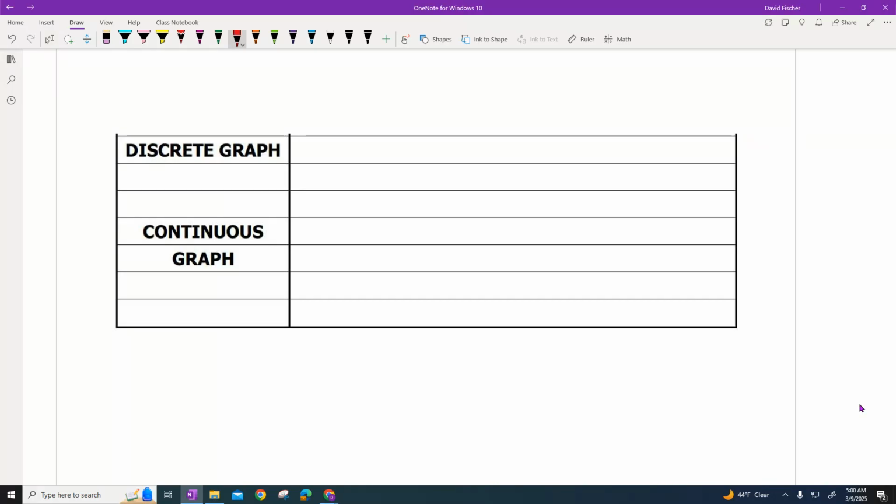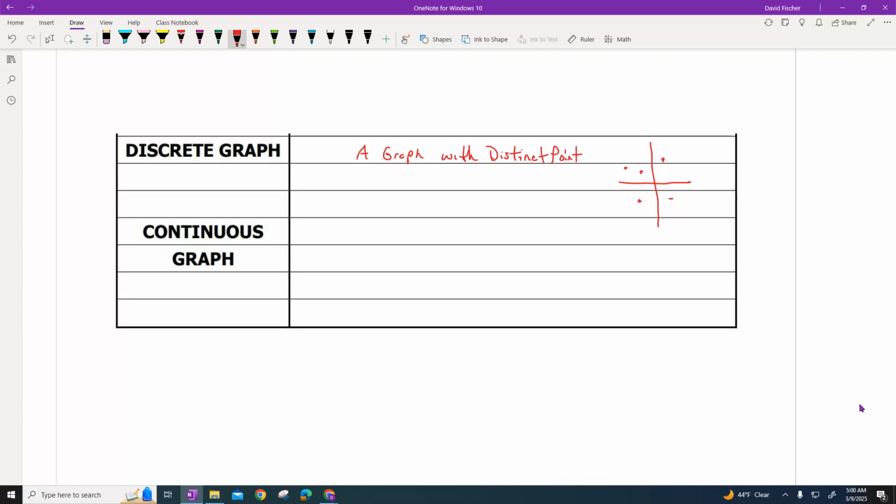A discrete graph is a graph with distinct points. I even drew this, and I would encourage you to as well. Distinct points means it's like individual dots.